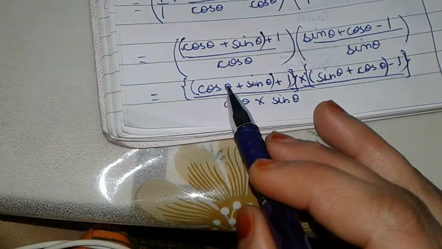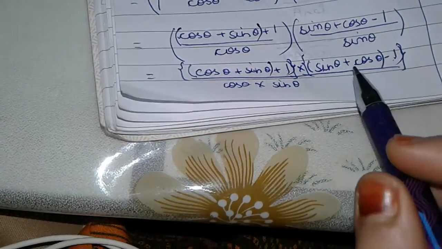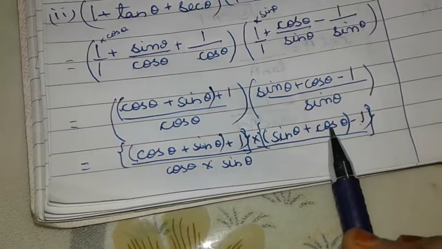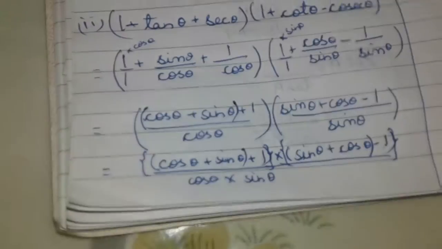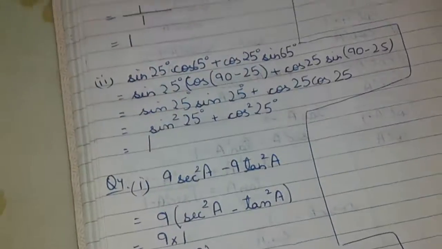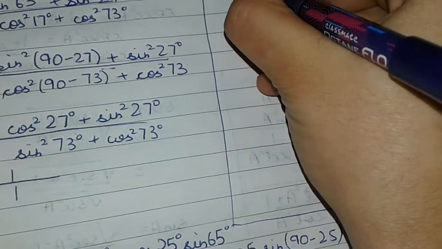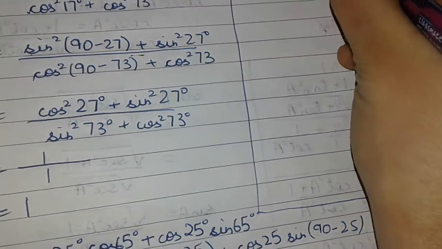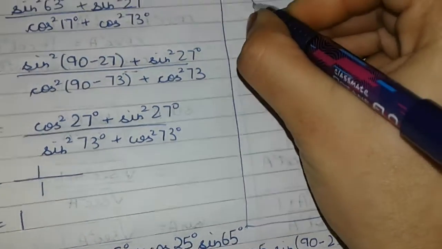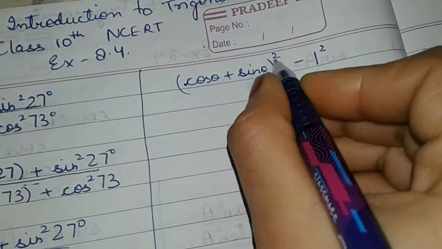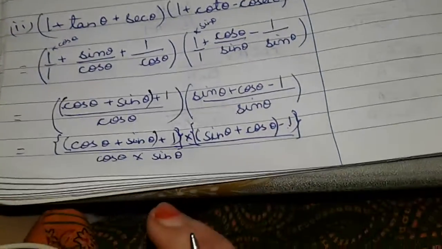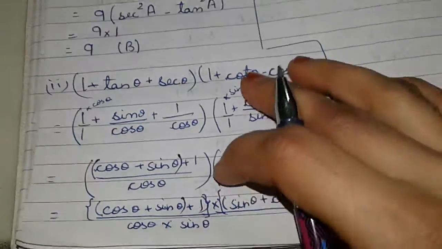Now it is similar to the identity (A plus B)(A minus B), which will become A square minus B square. So it will be (cos theta plus sin theta) whole square minus 1 square, upon cos theta multiplied by sin theta.